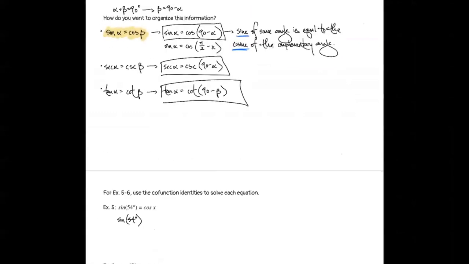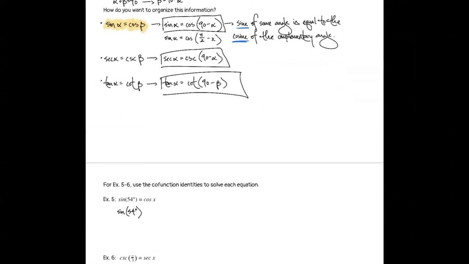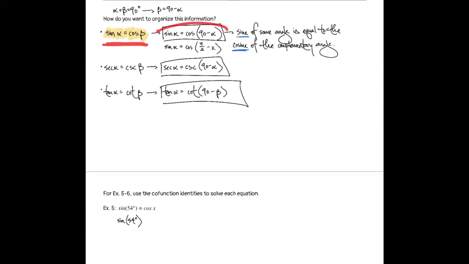We said sine of alpha equals cosine of beta. And then we wrote it like this. So if I have sine of 54, how can I write the other side of that identity? Cosine 54 minus x.